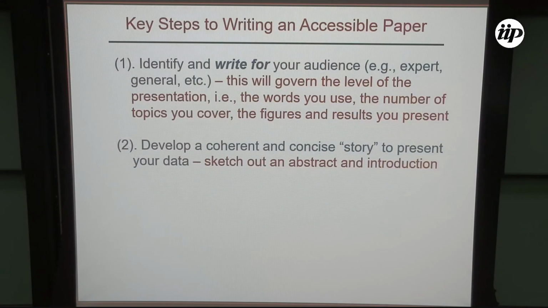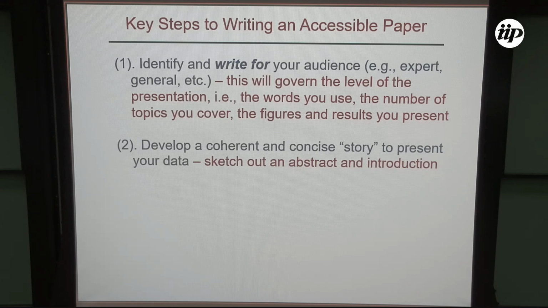The second thing, once you identify your audience, is to identify the story that you want to tell. Your story has to be coherent. It has to hold together. Of course, it has to be fact-based, so it's a factual story. But nevertheless, it's got to be a coherent story that you can communicate to an audience. How do you go about doing that?